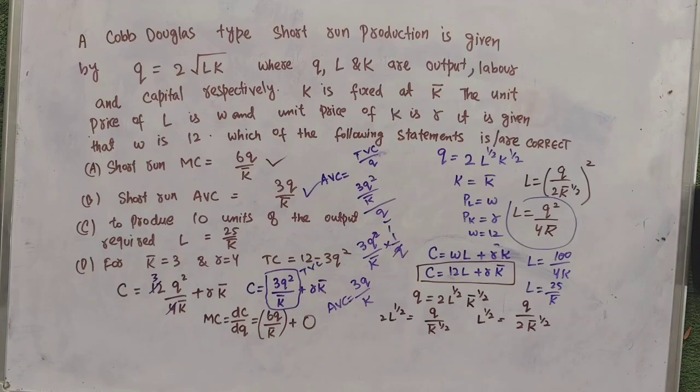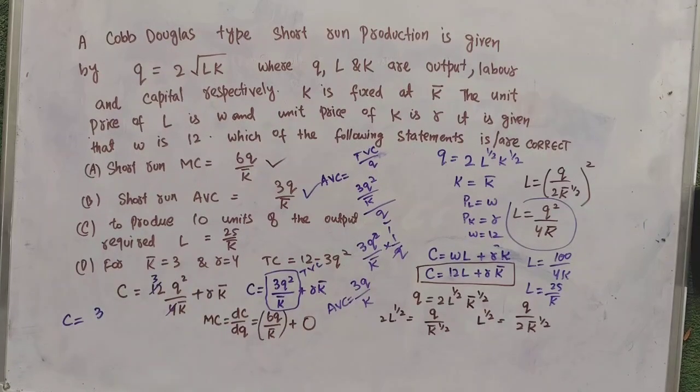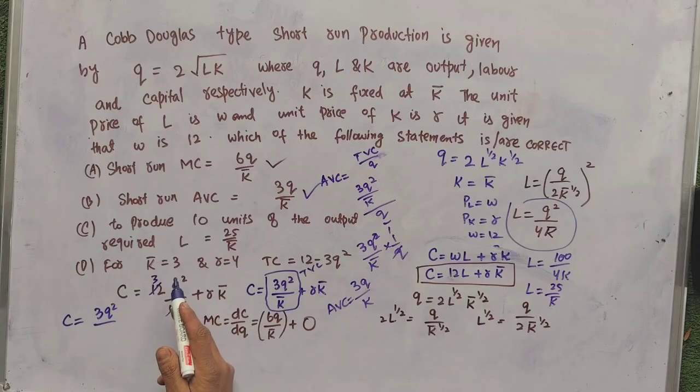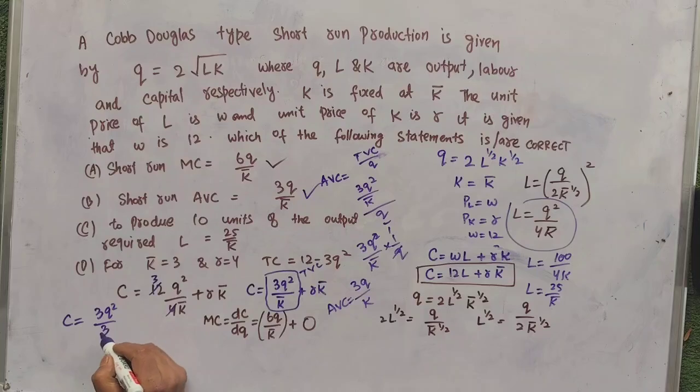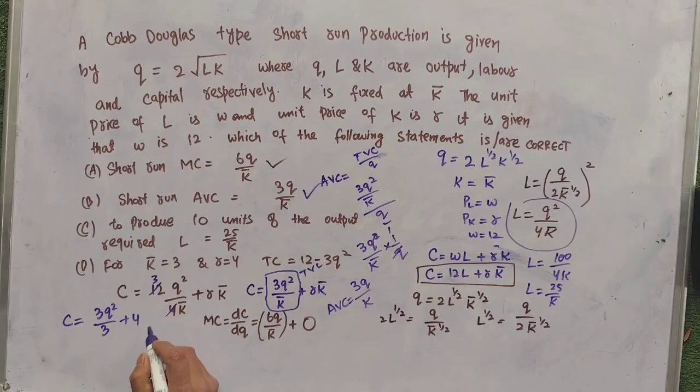Okay, I hope I have solved it correctly. For K is equal to 3, R is equal to 4, the total cost is this stuff. Let us see. When K is equal to 3 in the total cost equation, C will be equal to 3Q square divided by K bar, where K bar is equal to 3, plus R, which is 4, times K bar, which is 3.